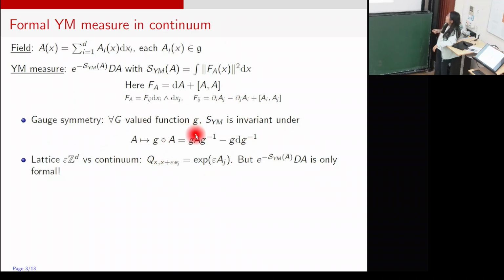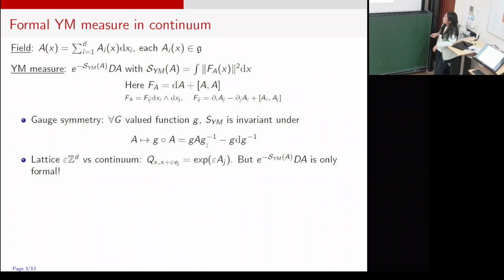It's given by the adjoint by g, and also the differential of the inverse of g. This also appears in Ilya's talk. And if we substitute this gauge transform into F_A, we will find the L2 norm of the F_A part will not change. This is the invariance under the gauge transform.